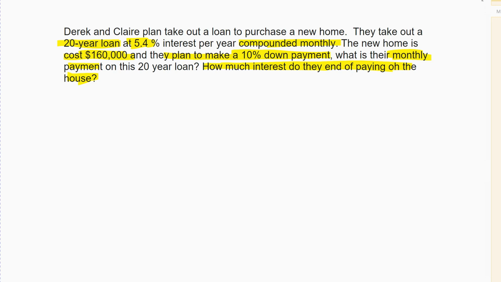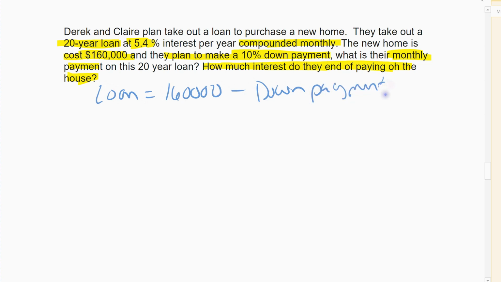Okay, so first of all, we have to figure out they're not borrowing the whole $160,000. Their loan is that amount minus the down payment, which we have to figure out. Well, it's 10% of the value of the house.